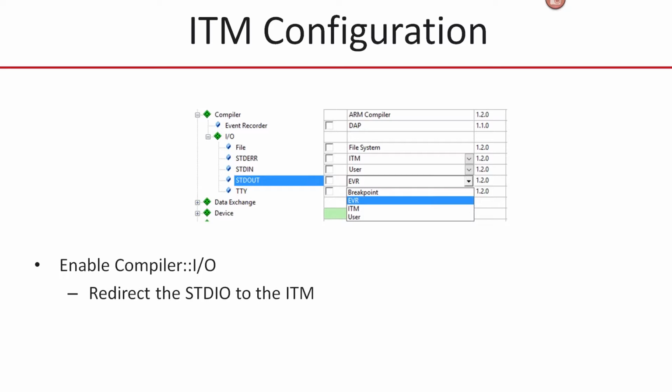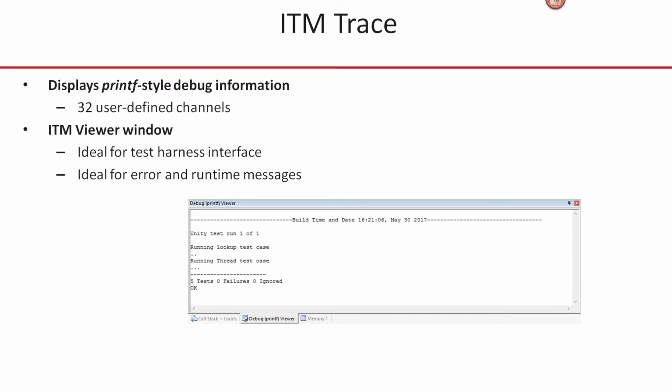So this now takes the standard I/O channel and moves it from your peripherals up into the debugger. So when we use the standard I/O through printf and scanf, we're now communicating with the debugger rather than any other part of our hardware. So this is, again, very, very useful for software testing.